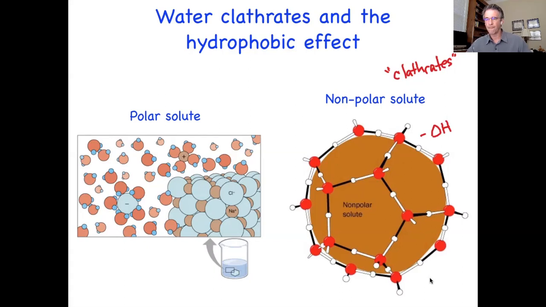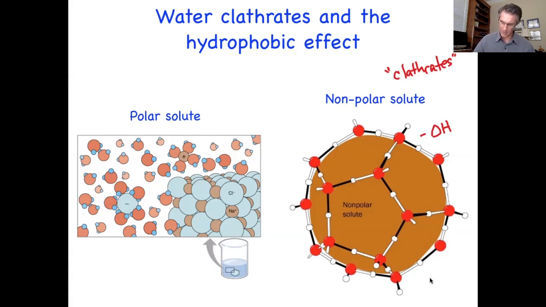However, there's a price, and the price is that you're making this cavity for this hydrophobic stuff, and the formation of these clathrates is essentially forcing the water to form an ice-like structure at, say, room temperature, 25 degrees, where ice is not stable, and there is a gigantic enthalpic penalty.